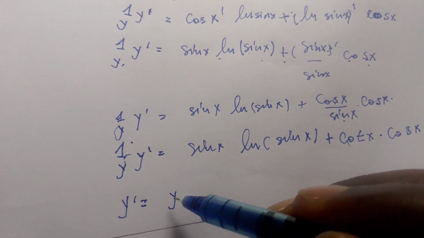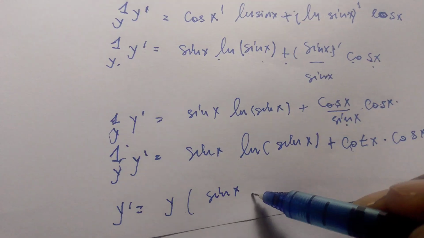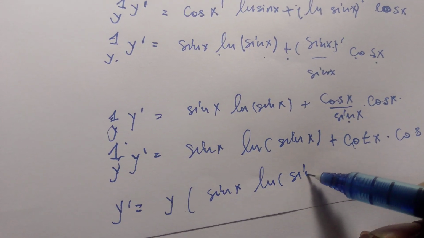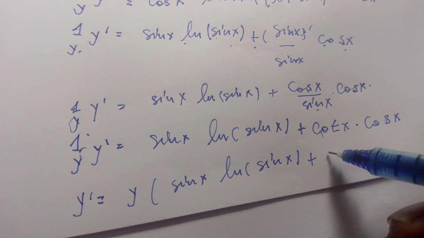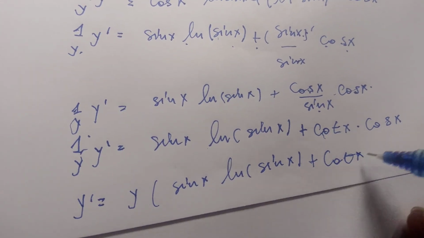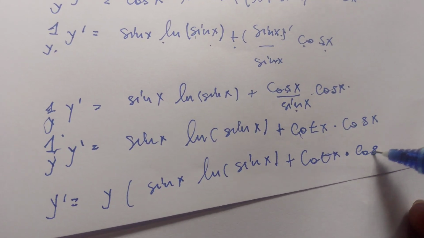equal to y, minus sine x ln sine x plus cot x dot cos x.